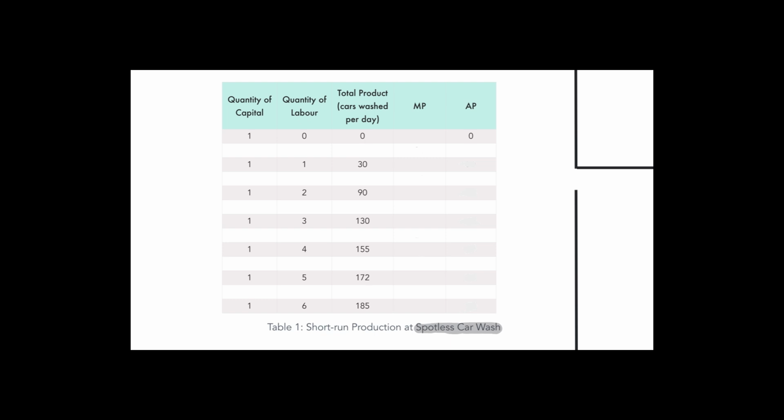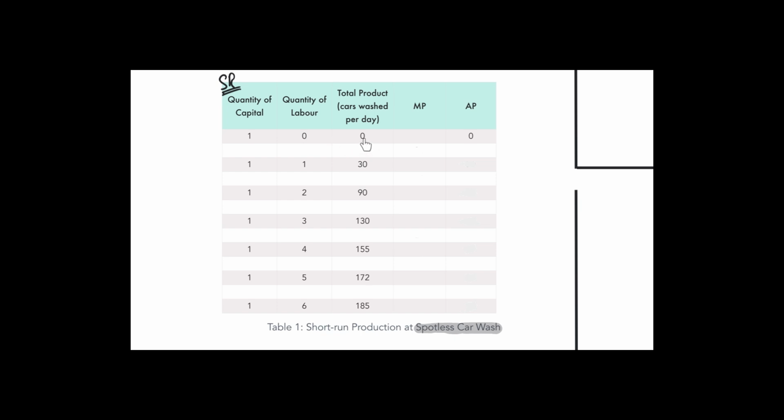So based on the table, this is what we have: the number of capital doesn't change. So this is telling me we are in the short run. Labor, on the other hand, when I had zero labor, my total product, the number of cars that we're washing, is zero, because without labor, the place is locked up, nobody's even running it.